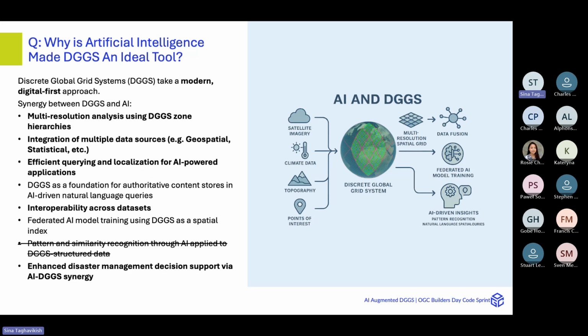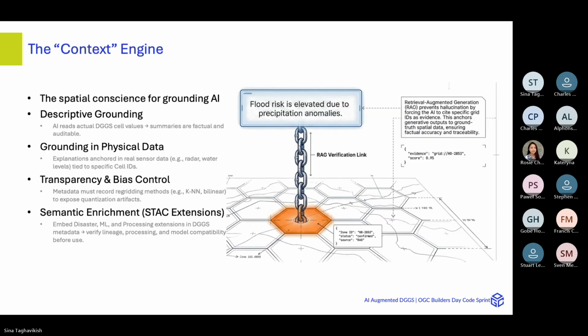You can take from climate data, from satellite imagery, topography, all the way to even human-related stuff like census data. And you can have federated AI model training, which we didn't touch. Enhanced disaster management, decision support via AI-DGGS synergy, was one of the main focuses and main use cases for our pilot.